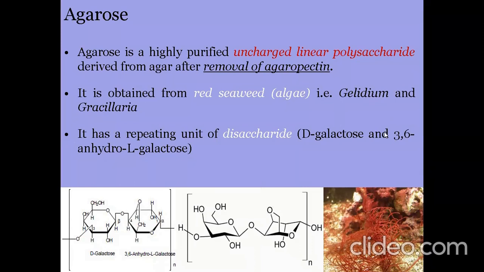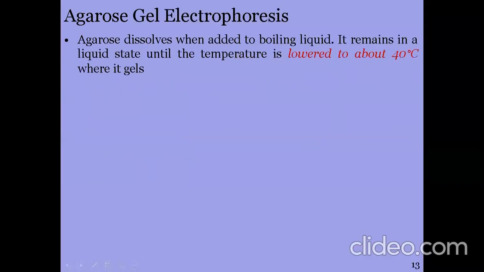That's good. Next, agarose dissolves when added to boiling liquid. If we add it to a boiling liquid, it will dissolve, because it is in powder form. It remains in a liquid state until the temperature is lowered to 40 degrees centigrade.